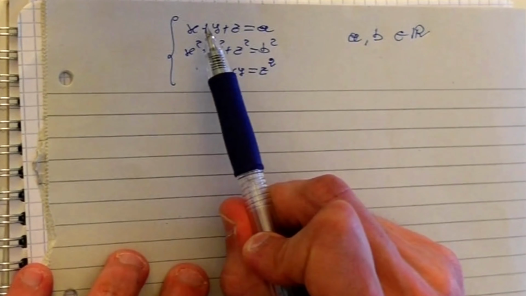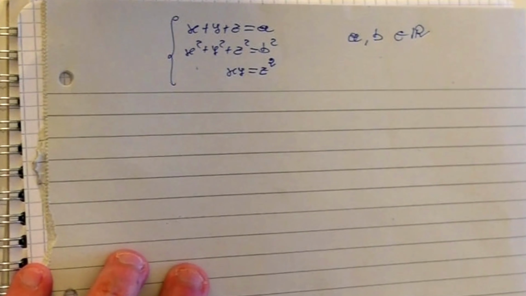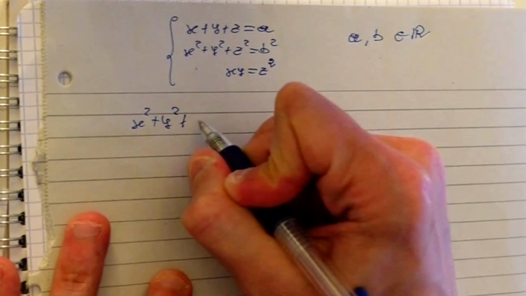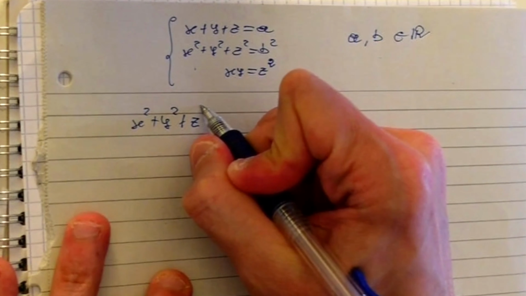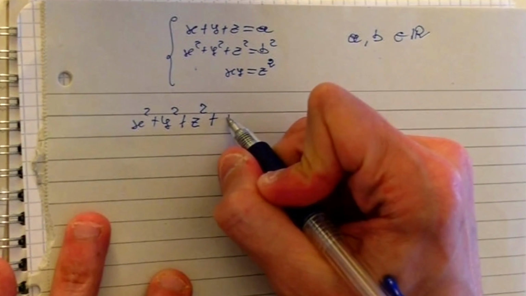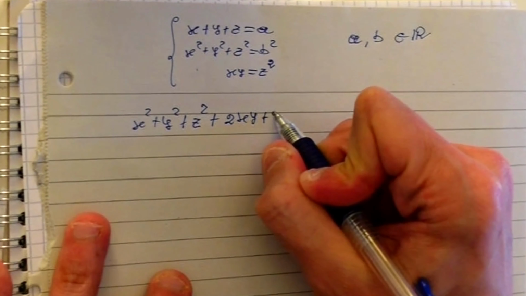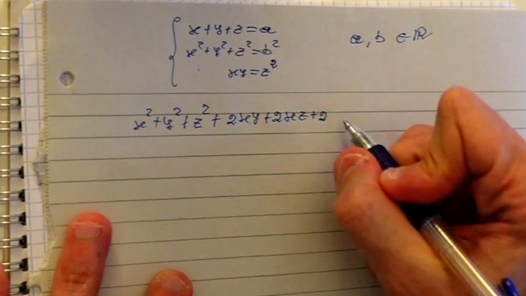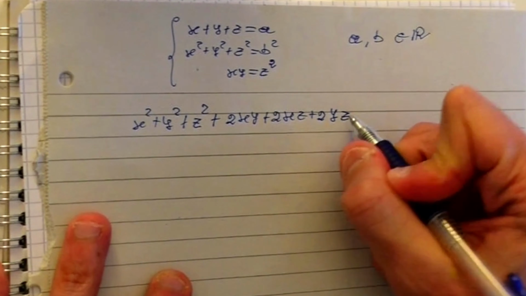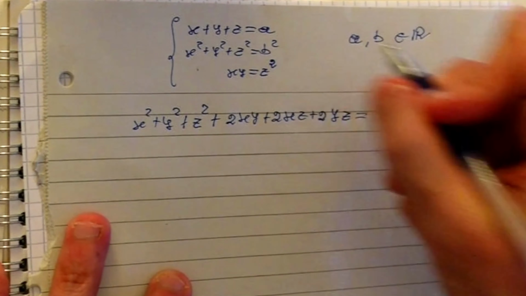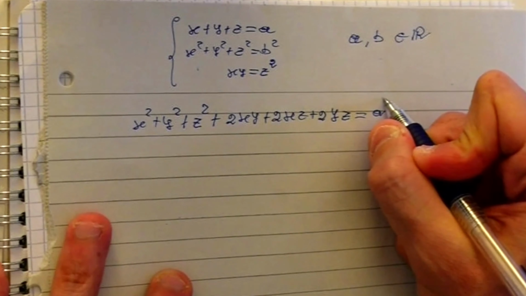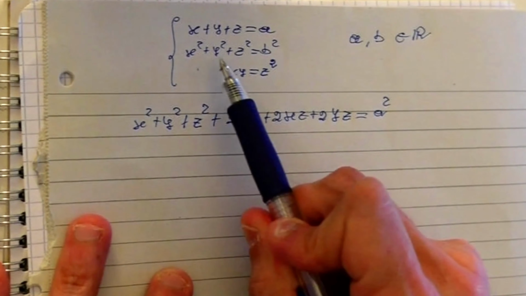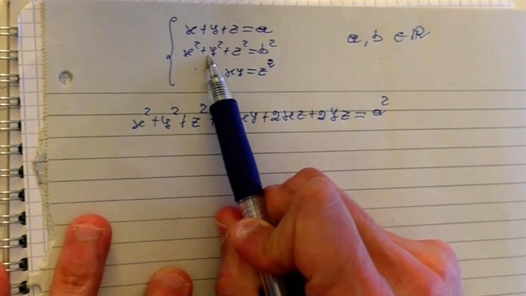So I would suggest that we calculate the square of this trinomial: x squared plus y squared plus z squared plus 2xy plus 2xz plus 2yz. It is equal to a squared. Once we have this, we can insert it into the second equation.